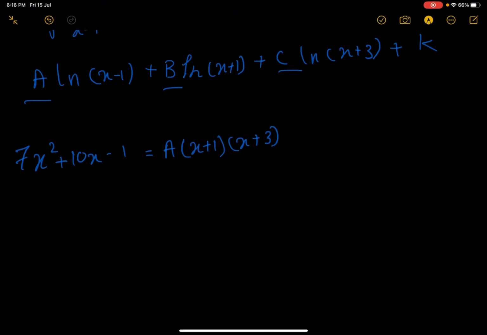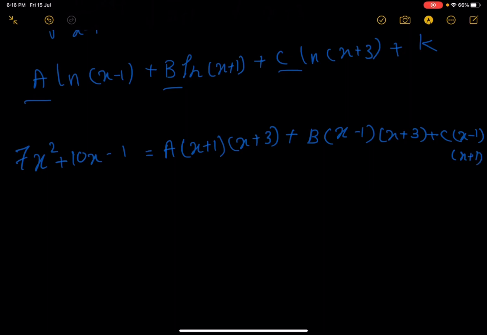Just imagine you're trying to add all terms and you need to have the same denominator for all terms. So here we have b times x minus 1 and then x plus 3, and then c times x minus 1 times x plus 1.